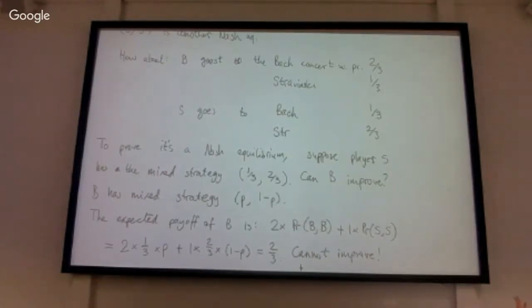Well, no, it doesn't. The reason is that if B changes these probabilities, then given that this is fixed, they're not improving their payoff, but the other player could change theirs and do something better. So in fact, it's important that it's 1/3 and 2/3.